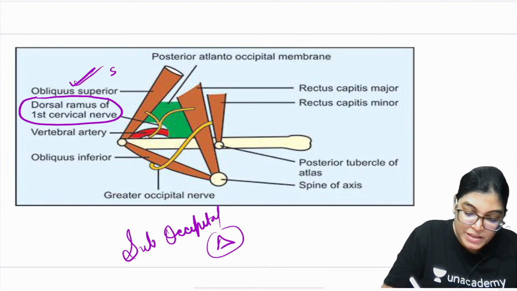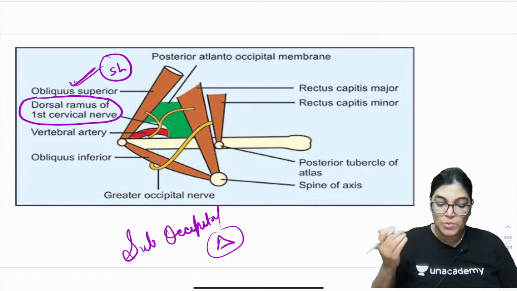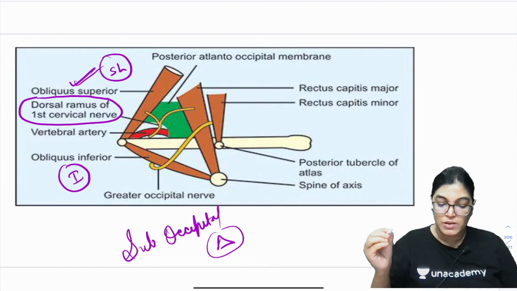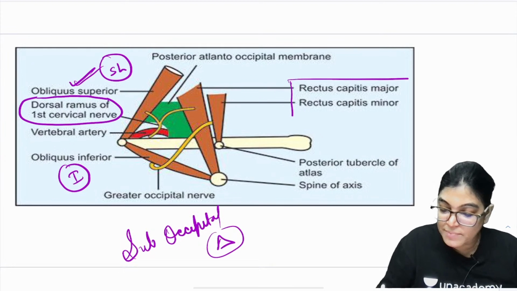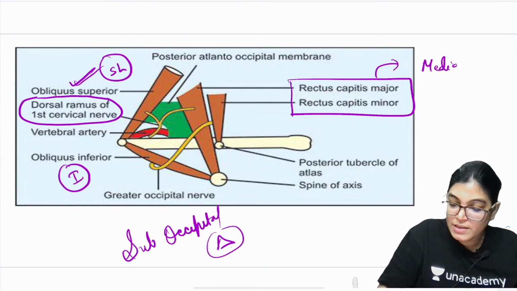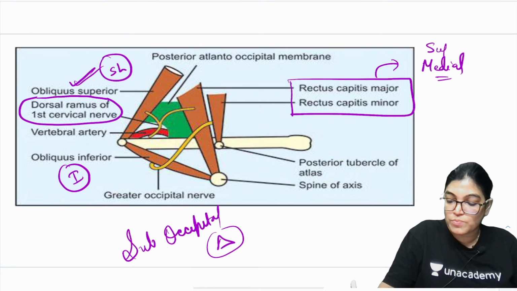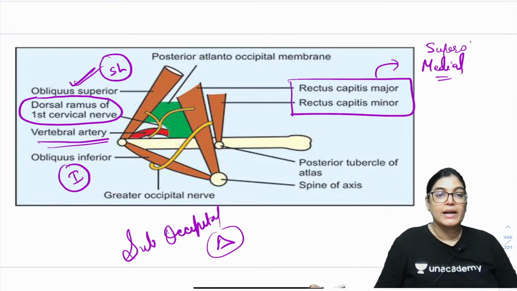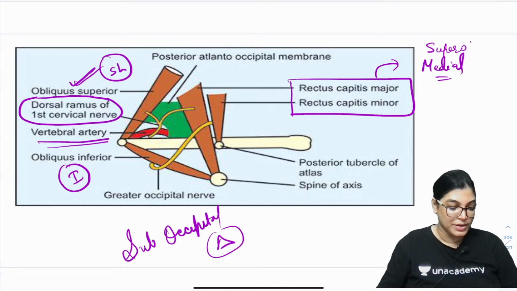Obliquus capitis superior forms the superolateral boundary of the suboccipital triangle, obliquus capitis inferior forms the inferior boundary, and rectus capitis posterior major forms the superomedial border. It also contains the vertebral artery, one of the important contents that lies here.